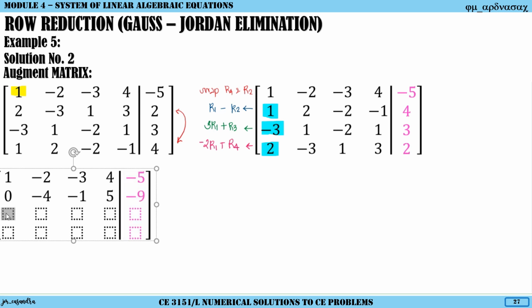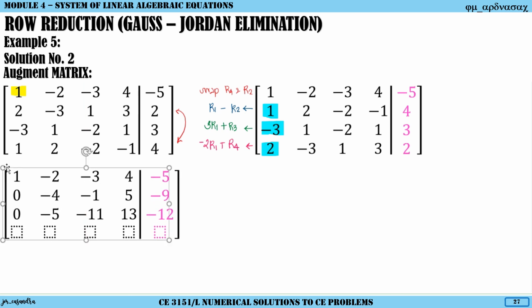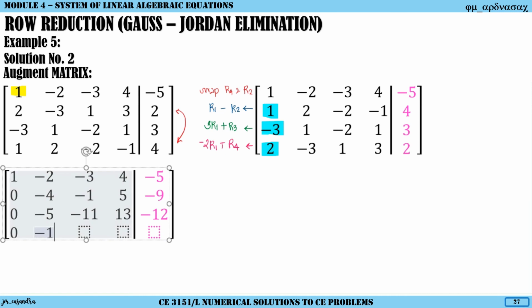For the third row, that will now be 0, negative 5, negative 11, 13, and we have here negative 12. And then we have 0, negative 1, negative 7, and then we have 5 and negative 12.